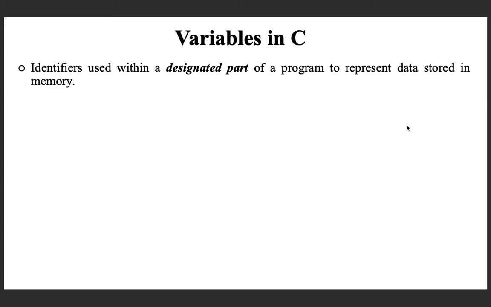The single point that you have to understand here is that variables are identifiers representing data in a program, and actually the data is stored in the memory, and in the program you can represent that memory location using an identifier or a name, which is what is called a variable.